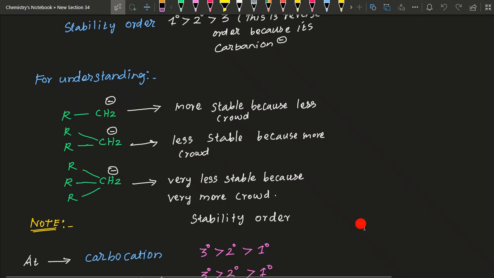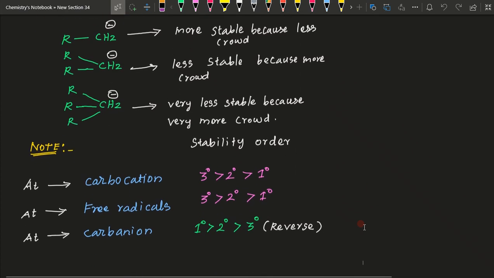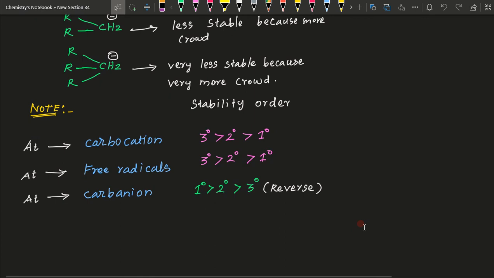So here the stability order. Note, this is a very important note: at carbocation, 3 degree is more stable, then 2 degree, next 1 degree.